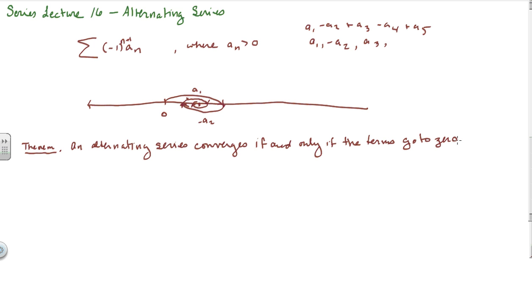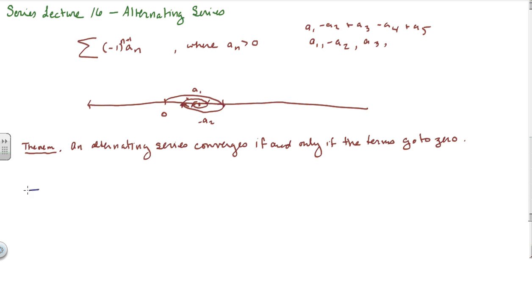If the terms don't go to 0, then it diverges by the divergence test. If the terms do go to 0, that's enough, if you've got an alternating series, to say that the series converges. So alternating series are actually a little bit easier to deal with than regular series.